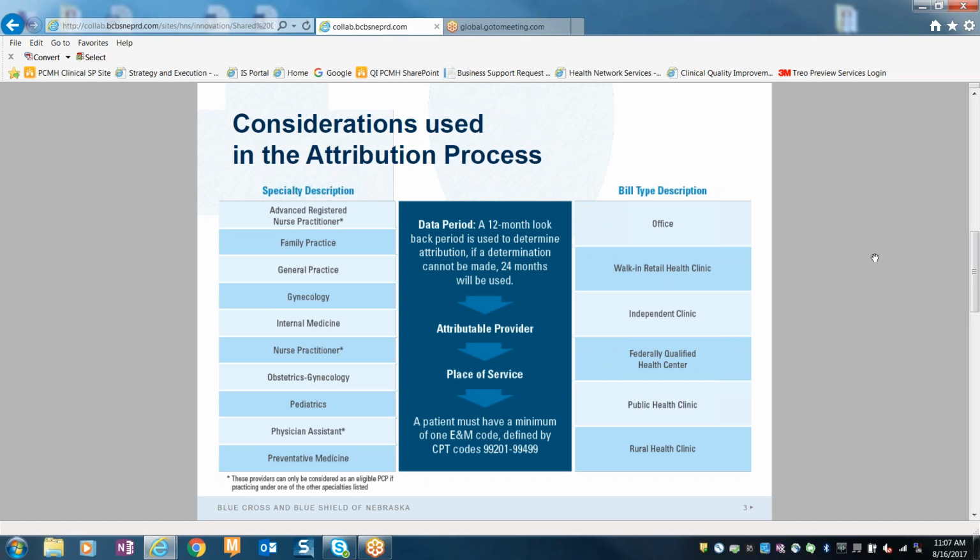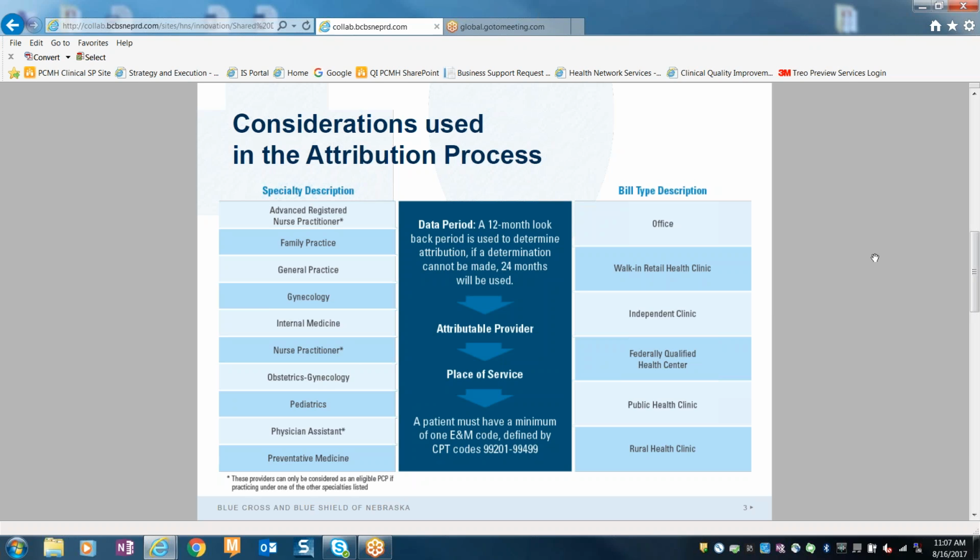It's also important not only to look at the provider specialty, but to also look at where the services are occurring. So you can see the far right column as bill type descriptions. So we're looking at office, FQHC, independent clinic, things of that nature.